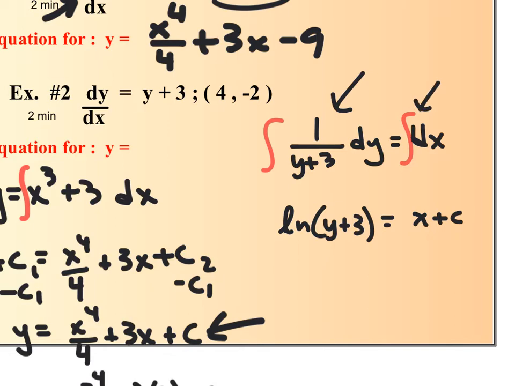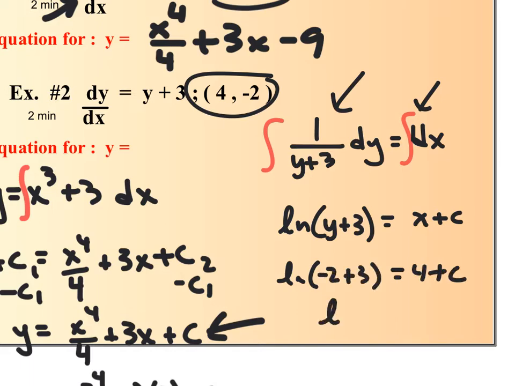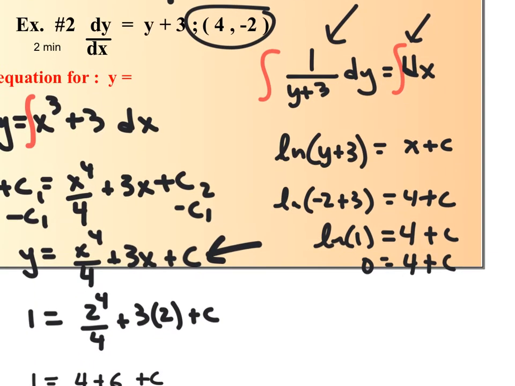Now I insert my initial condition, which is 4, negative 2. That means when x is 4, y is negative 2. Oh, that's nice. Why? Because that becomes the natural log of 1, which means that 0 equals 4 plus c, which means that c equals negative 4.